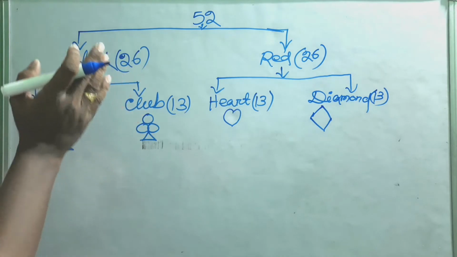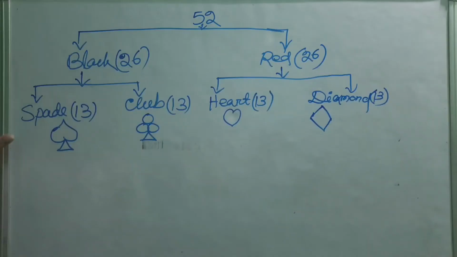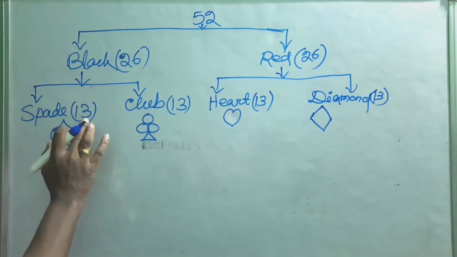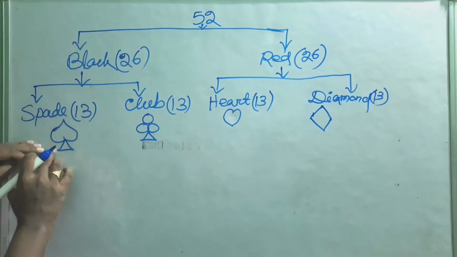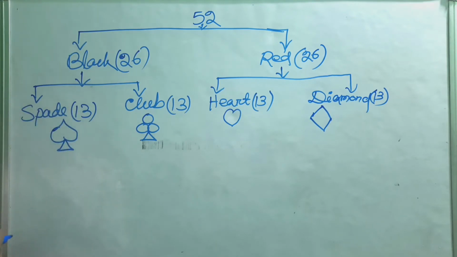Now first of all we will discuss black, then we will discuss red. Out of these 13 spades, the first card is called ace.